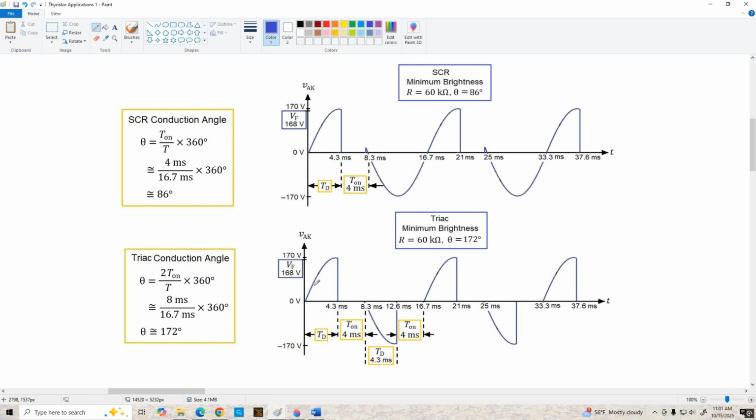But that's not going to be the case with the TRIAC because we've doubled the conduction angle, and we'll see that even at minimum brightness with the 50K pot, the TRIAC circuit is going to let the bulb light up significantly, and we're going to take a look at that right now.